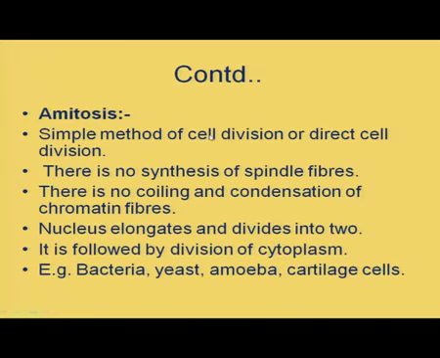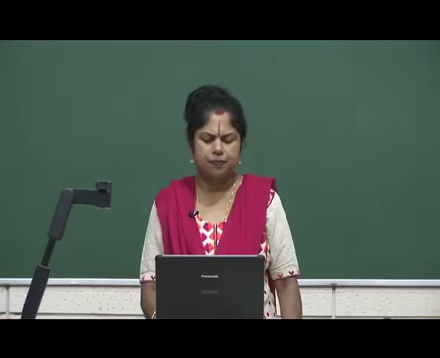This type of cell division takes place in primitive types of organisms, mainly, for example, bacteria, yeast, amoeba, and it can even take place in cartilage cells. So, it is the simplest method of cell division, or direct cell division, followed by elongation of the nucleus and then division of cytoplasm.